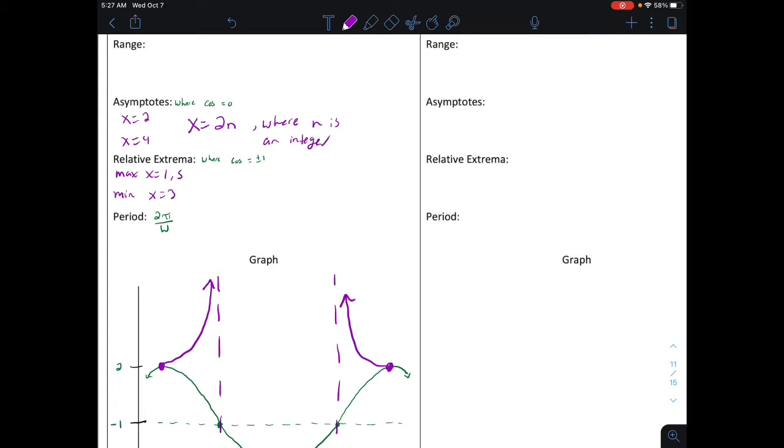And so if I wanted to identify where extrema are going to happen, they happen at x equals the set of odd numbers, which I can generate by saying 2n minus 1, where n is an integer.